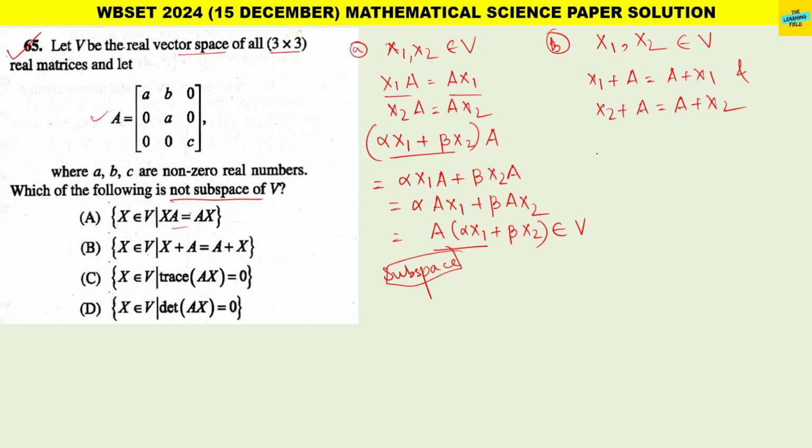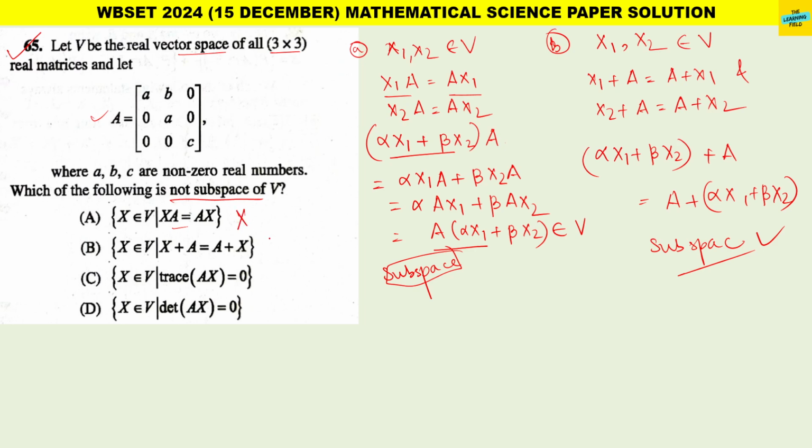Now (alpha x1 plus beta x2) plus A, since matrix addition is commutative, this is equal to A plus (alpha x1 plus beta x2). So that means this is also a subspace.